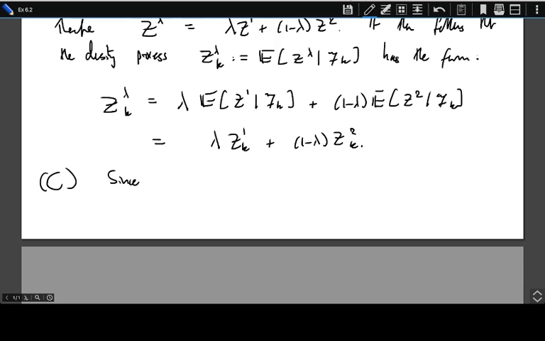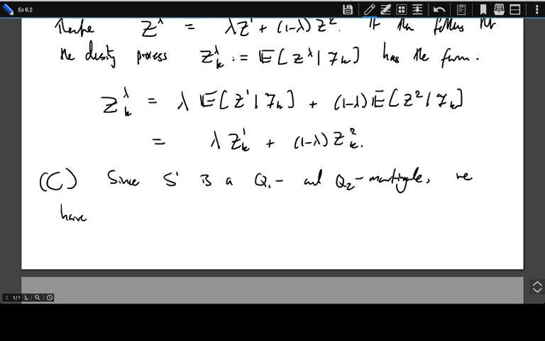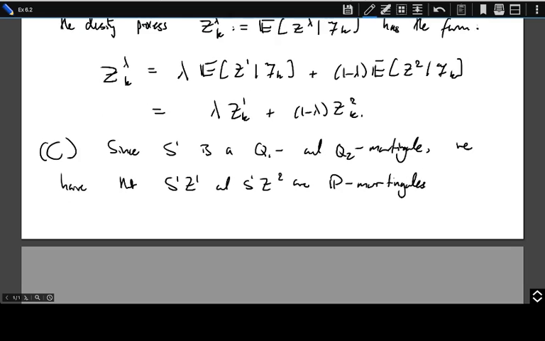First we'll note that since S1 is a Q1 and a Q2 martingale, they're both equivalent martingale measures, it follows from the definition of density that we saw in part B that S1 multiplied by Z1 and S1 multiplied by Z2 are martingales under P. That's just using the property of Z1, Z2 as densities of Q1 and Q2.